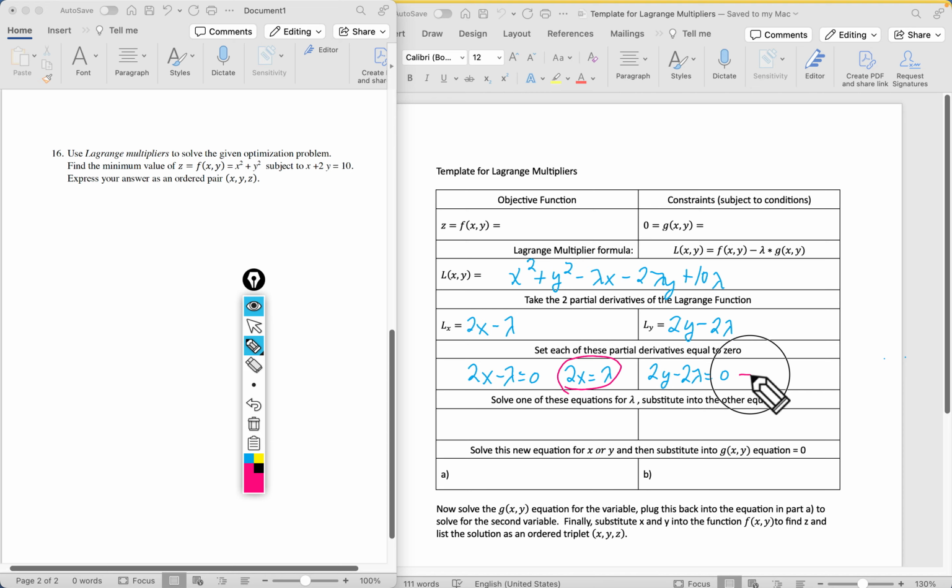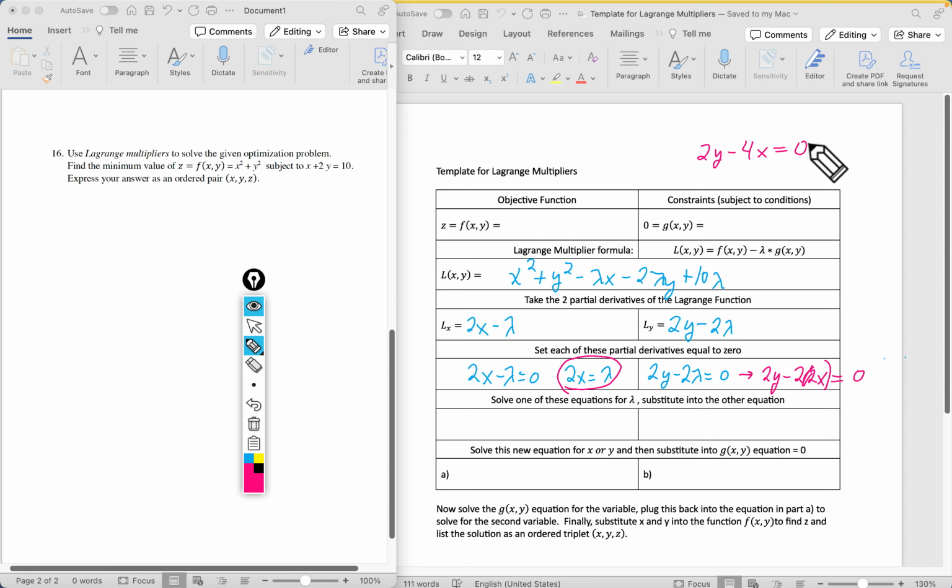So I'm going to write 2y minus 2 lambda. I'm going to rewrite that as 2y minus 2 times 2x equals 0. So I'm going to have, let me write that up here, 2y minus 4x equals 0.